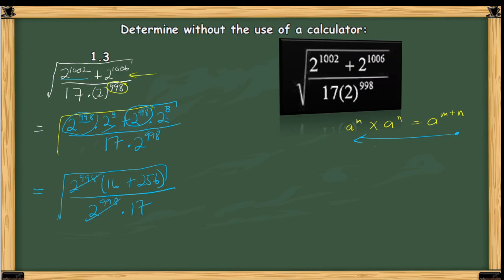Of course, anything divided by itself is equal to 1. So now we'll have the square root of 272 over 17, which is the square root of 16, and that's of course equal to 4.